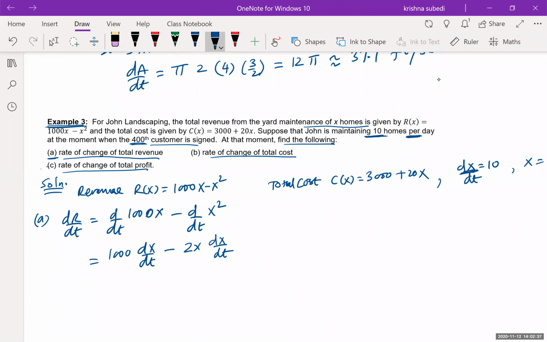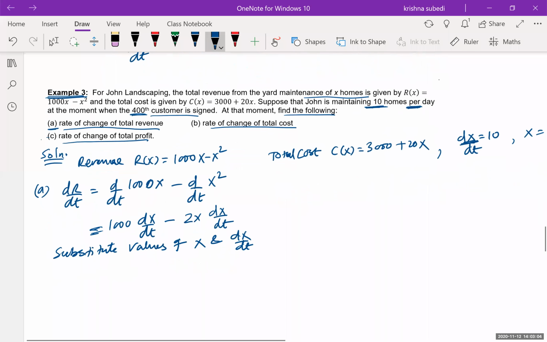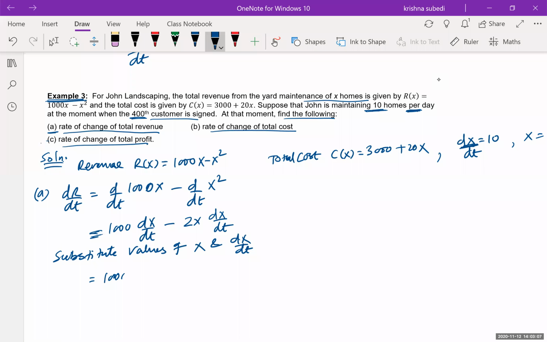So step 3 is actually the formula, which means the function is already given. Step 4 is differentiate with respect to t both sides, we did it. And step 5 is substitute the values of x and dx over dt, so that you'll get 1000 times dx over dt, which is 10, minus 2 times x, which is 400, times dx over dt, which is 10.